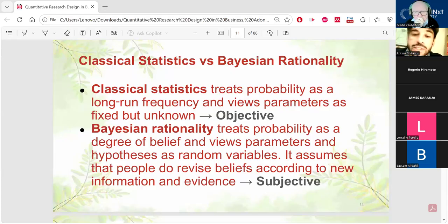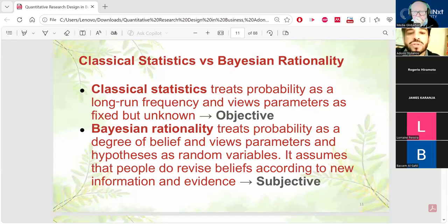The most important assumption is that people revise those beliefs according to the information and evidence they have available. So there is a subjective element of probability, but obviously it does involve objective evidence as well. In order to revise your beliefs, you still need to deal with some objective evidence.